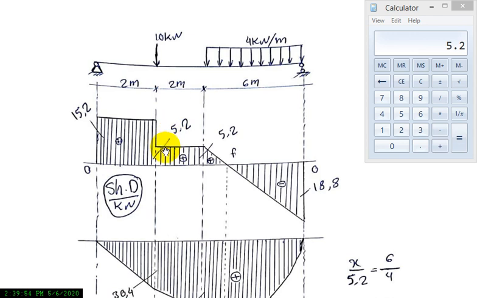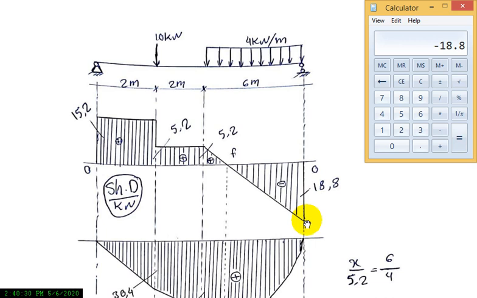Then we draw a horizontal line up to the start point of the distributed load, and then we subtract the area of the distributed load, 4 multiplied by its length 6, equal to 24. Then we subtract 5.2 minus 24, equal to minus 18.8.